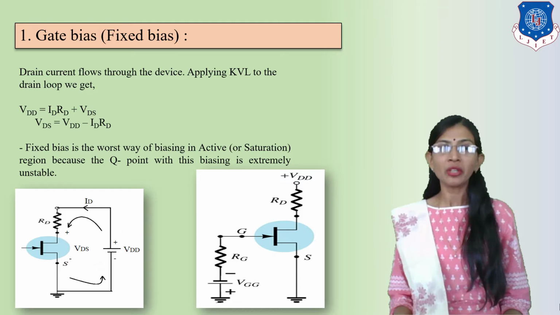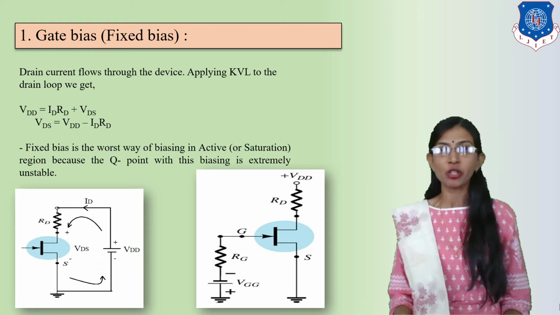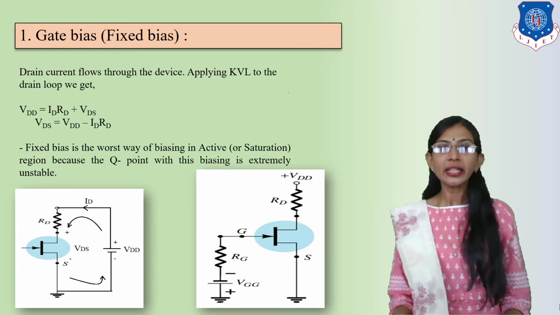So let's apply the KVL for the output loop. It will be VDD minus IDRD. Why minus? Because if we follow the direction of current, then we take the minus sign. Thus, VDD minus IDRD minus VDS is equal to 0.